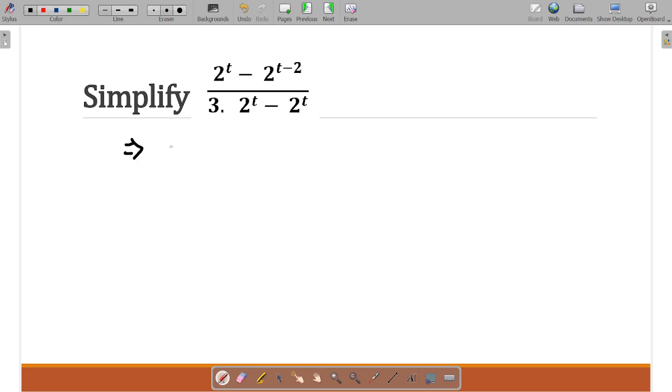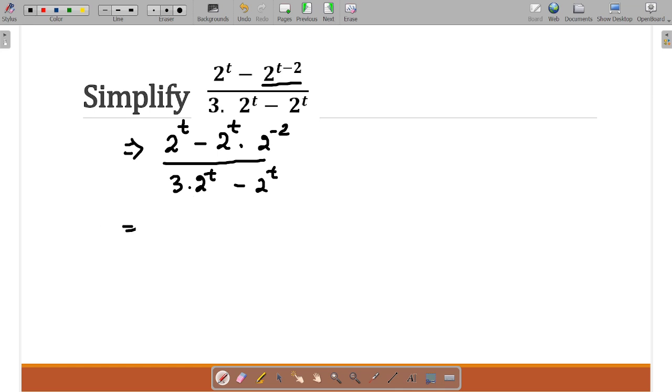First I am going to split the exponent term, that is 2 power t minus, this time I am going to split this one. It is 2 power t into 2 power minus 2, by 3 into 2 power t minus 2 power t. I am going to take 2 power t outside. 2 power t is taken as common now.